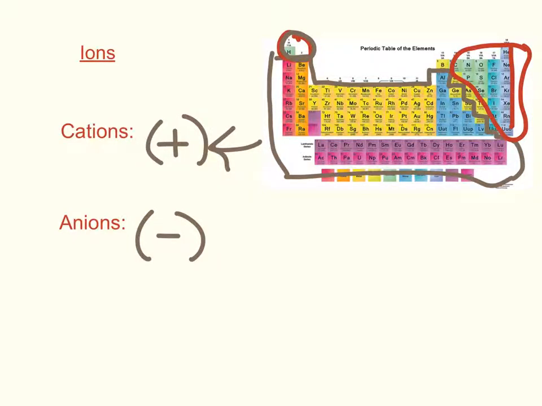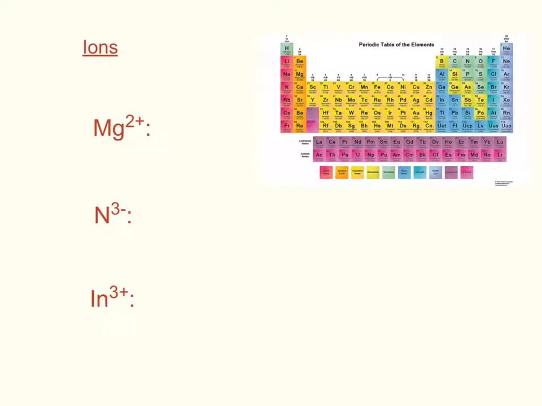So what we need to do is predict where these electrons are going to be gained or lost from. So I'm going to do the same thing where I do the abbreviated electron configuration, and then we can figure out what happens with the outer electrons.